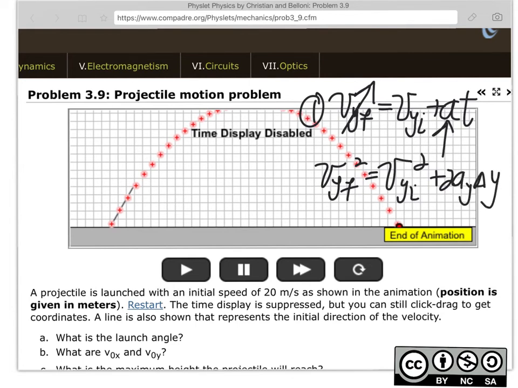And if you go from the bottom to the peak, Vy final is 0, Vy initial is known, ay is -9.80, and so you can calculate delta y that way. Once you have this, you could get the time. So just use your kinematics equations wisely, and you'll get the answers to all those questions.